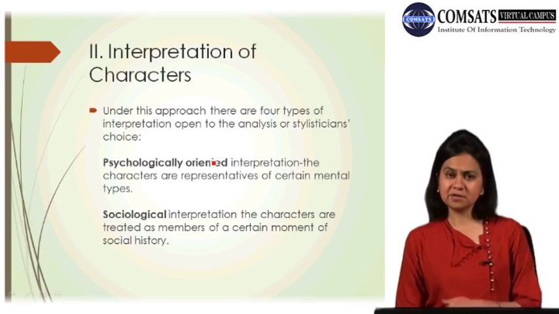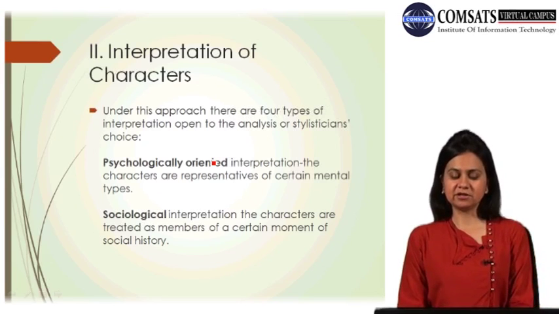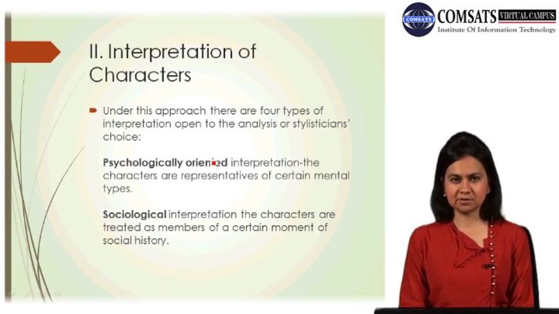Now, what does this interpretation refer to? Psychologically oriented interpretation of the characters is when we see characters as representatives of certain mental types. This means that characters would reveal a particular bent of mind, particular behavior or thoughts or feelings and emotions.